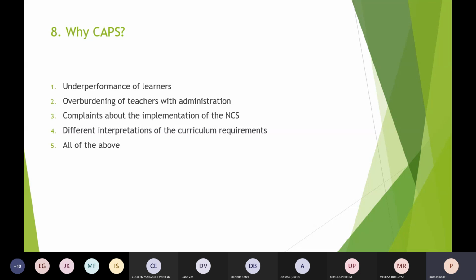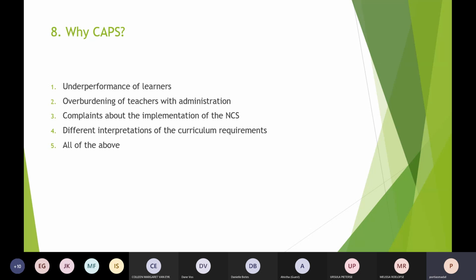Melandri, do you agree with all of the above? All right, the reason why we do CAPS is because of all of the above.